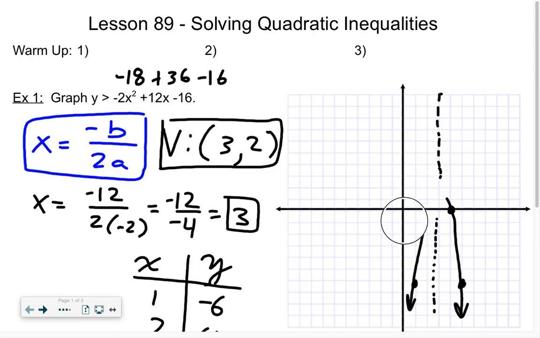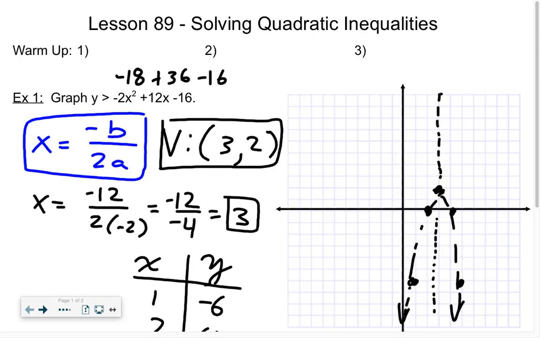So, there it is. 2, 0. 1, 2, 3. So there's our dashed line indicating that we can't use any of the solutions that would happen to fall on the parabola.